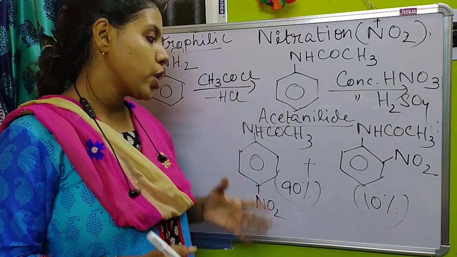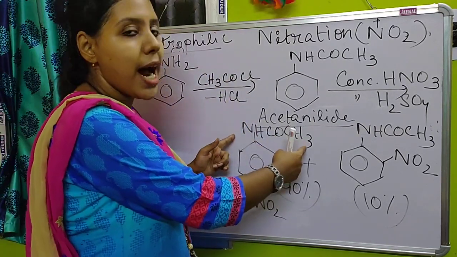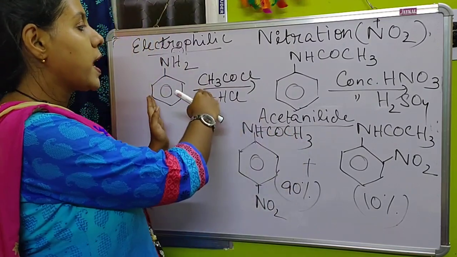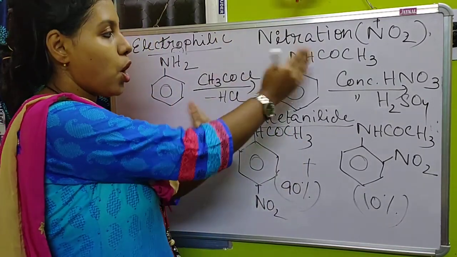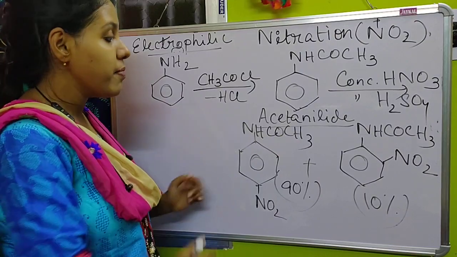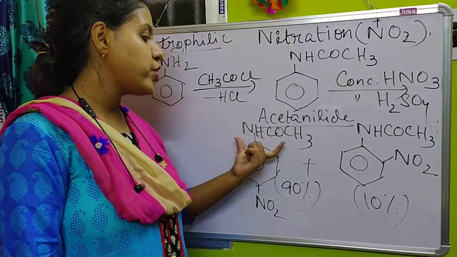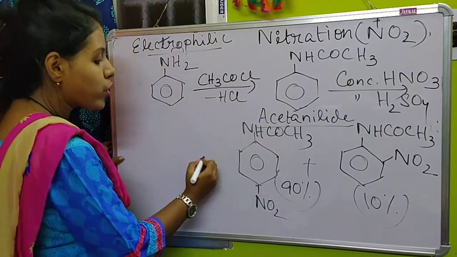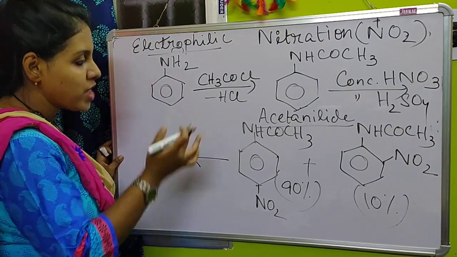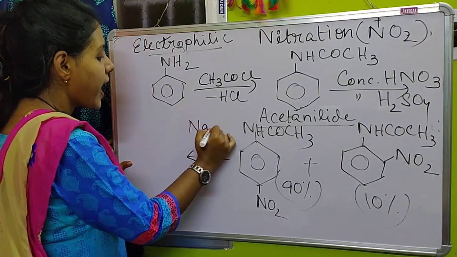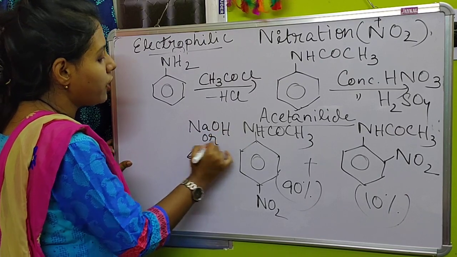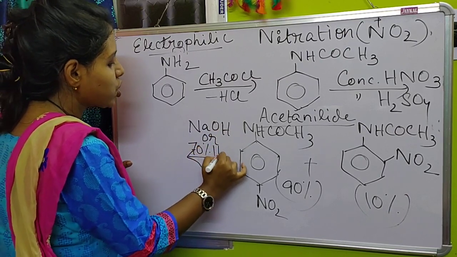In the last step, basically we want to get aniline here, so again you have to unlock this. That means locking in the first step and unlocking here. For unlocking you have to hydrolyze it in the presence of NaOH or 70% H2SO4.